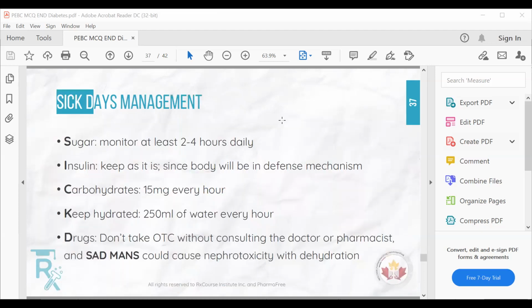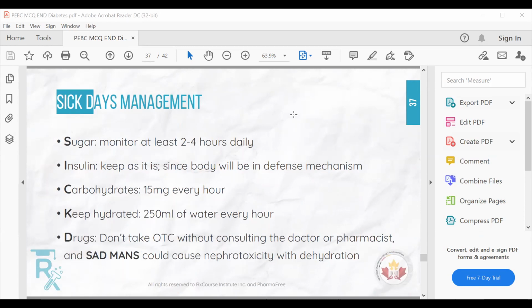We have a term called sick day management. Sick day management applies if a diabetic patient loses more fluids, like developing diarrhea or vomiting, so he is dehydrated.